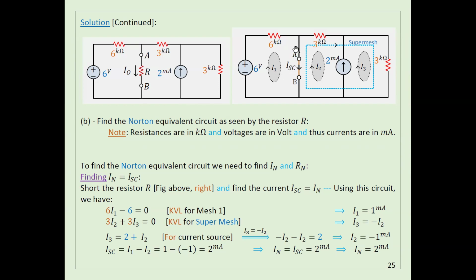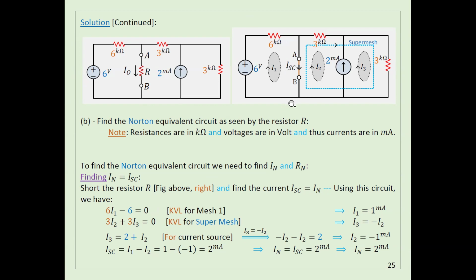So how can you find the current here? You need to use any approach I explained in chapter 4 to calculate it. Here, what I did is apply Kirchhoff's voltage law to this loop.